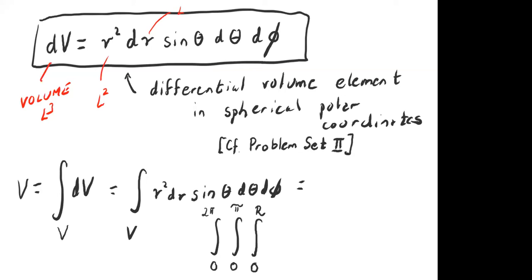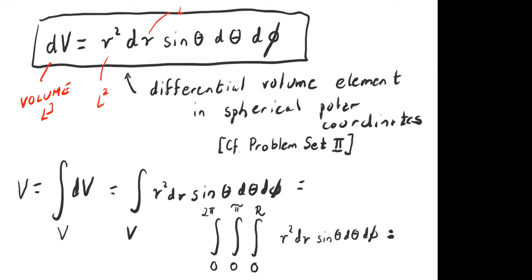So you're in a position to do these integrals. I'll write out the integrand. You can do the integrals in any order you want. You could do the radial integral first, you could do the integral over the azimuthal angle, and then finally the polar angle, or in any order that you wish.